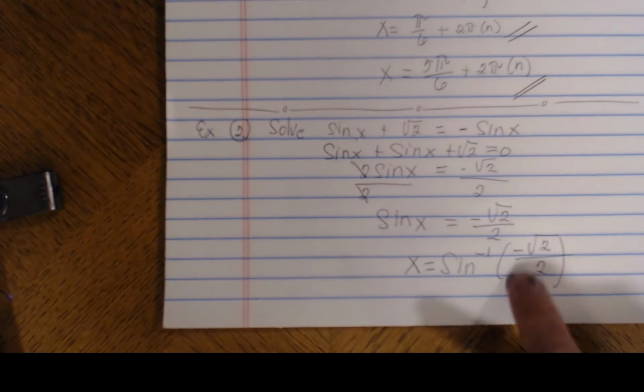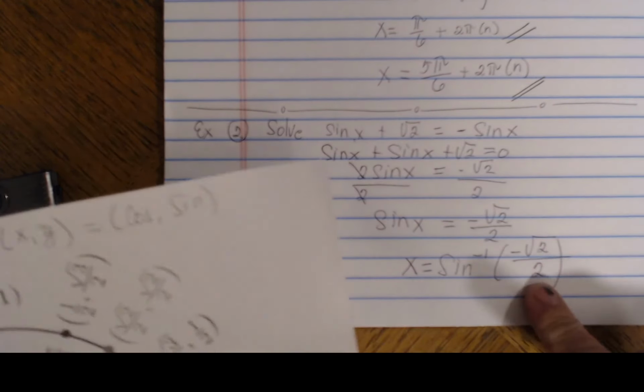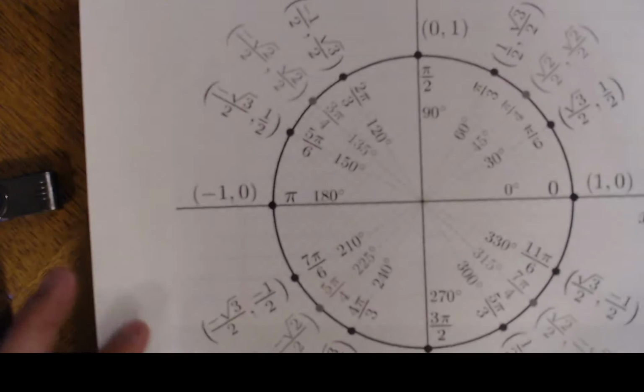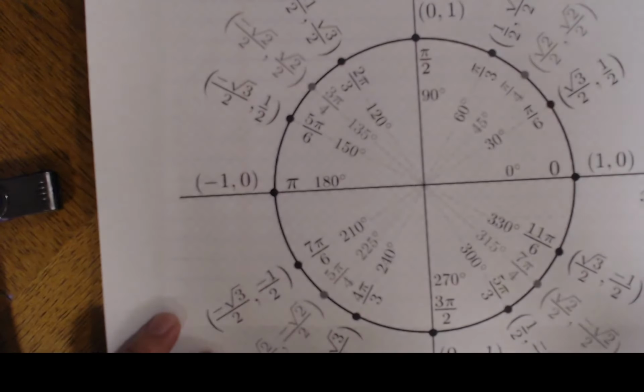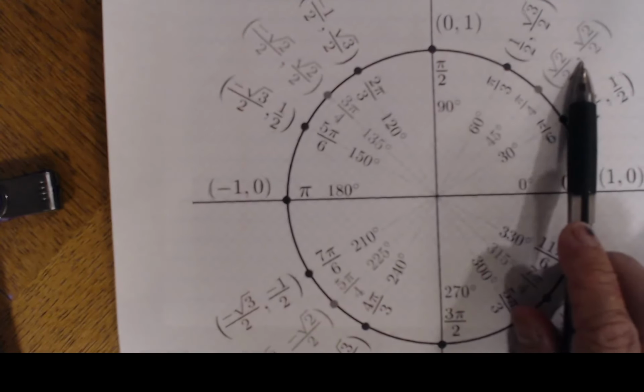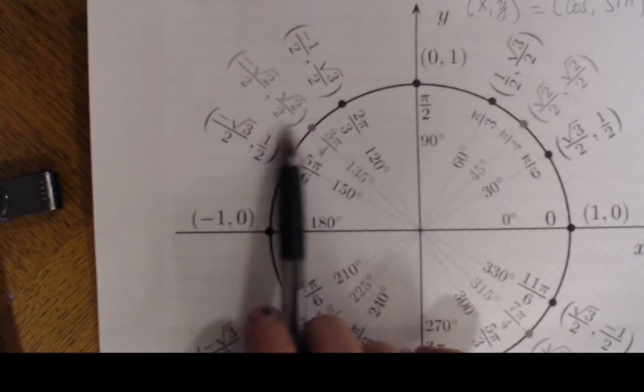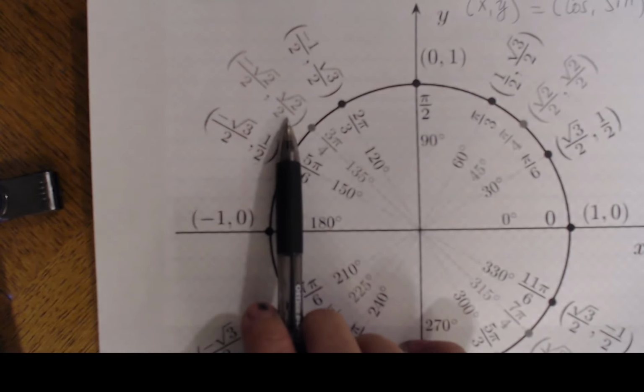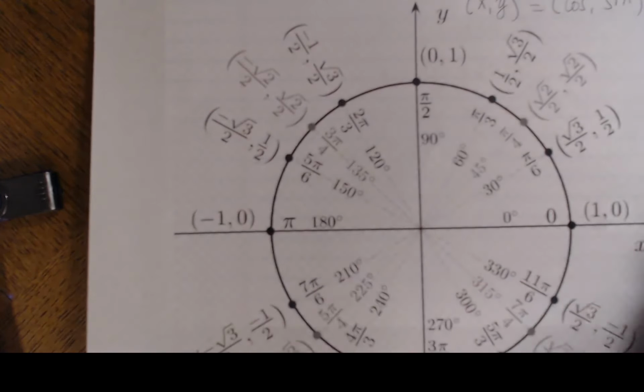The sign is negative. So what quadrant is the y negative in? Okay, so let's look here. It's not negative, and the square root of 2 over 2 is not this one. So let's look here. It's not this one, because our y is positive here.